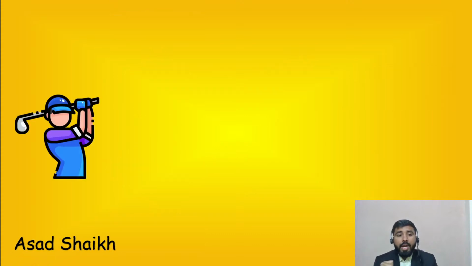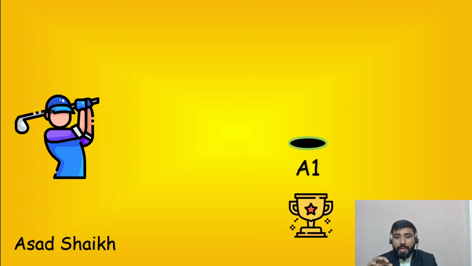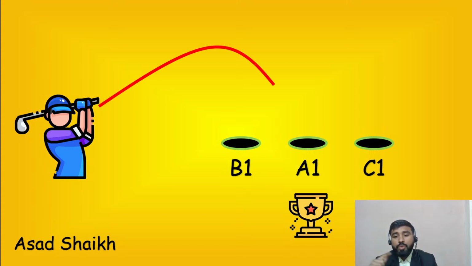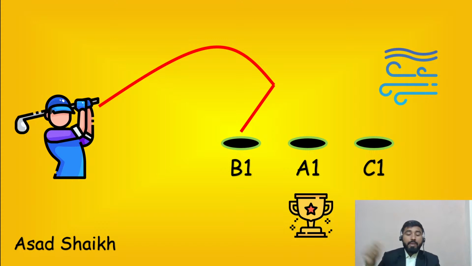Here, for the characteristic opening, I would give you a golf example to make that point. If you see here, I need to reach point A1, which is the winning point, and you have B1 and C1, two different points for hitting the golf ball. Whenever I hit a ball to reach A1, there is wind which acts and causes my ball to fall in B1. So what is an engineer's mind here? You can't control the wind, but you can definitely control your stroke and your ability.